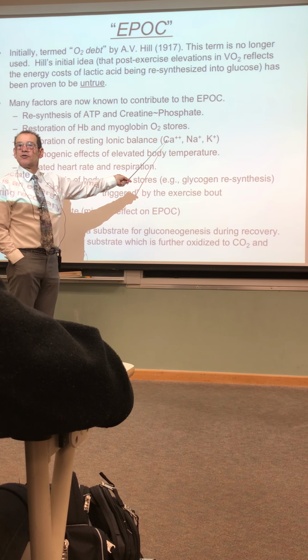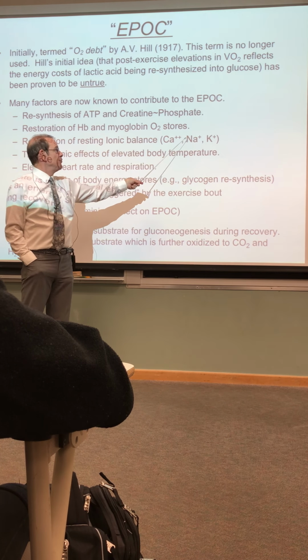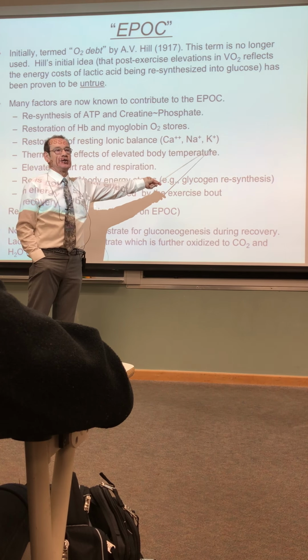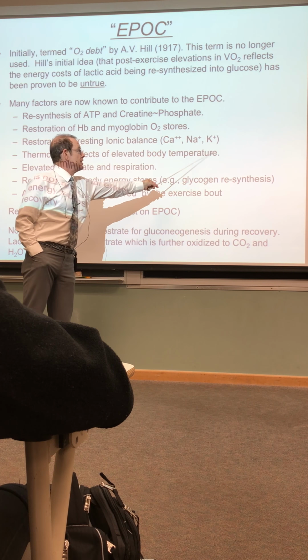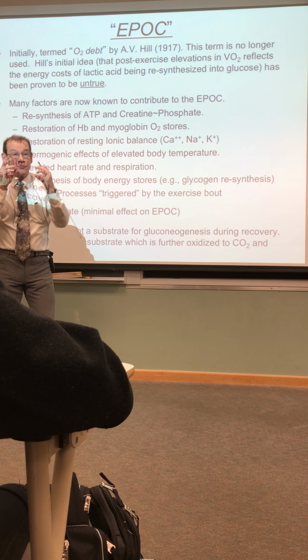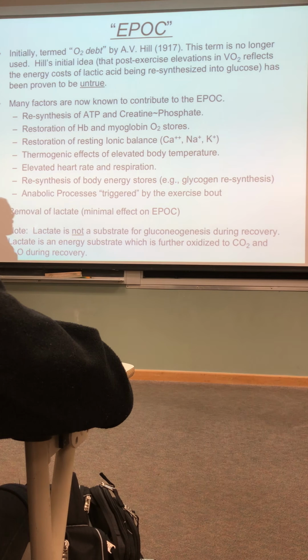The sodium-potassium pump has stuff to do. If you've been doing intense work, there's too much sodium inside the cell and too much potassium outside. And so there's going to be residual subsarcolemmal mitochondrial activity to try to get things back to where you started. Is that making sense? So certainly these 3 are ones that we know have to do with the rapid recovery.